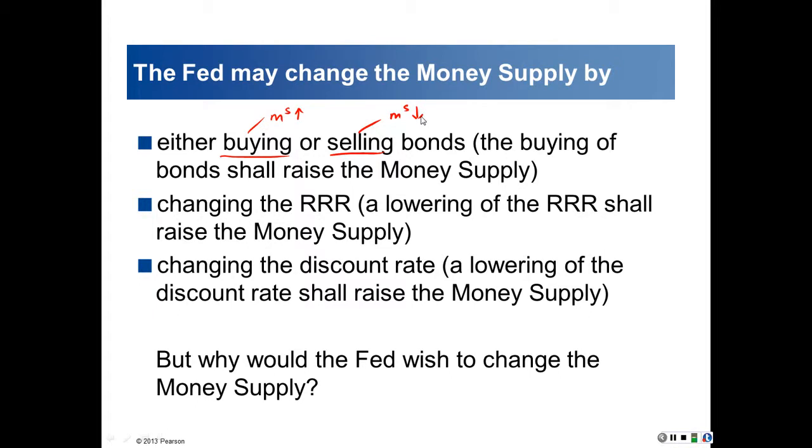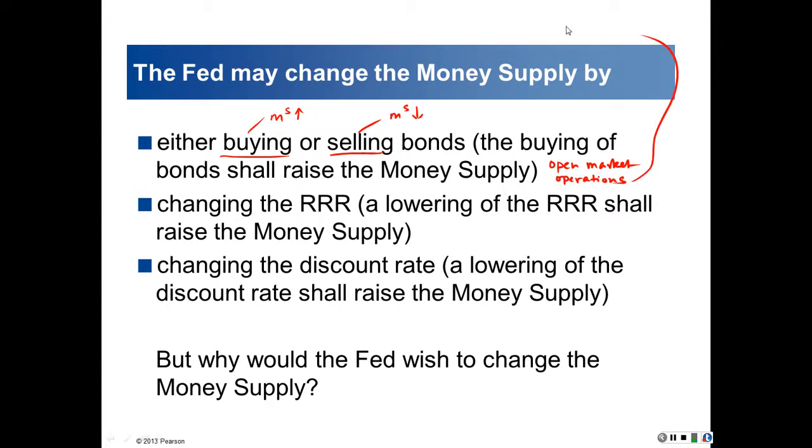Now, this buying and selling of bonds has a name, right? What is it called? When the Fed buys and sells bonds, it's called some type of operation of the Fed. Open market operations. Correct? Now, do you remember that in the structure of the Fed there is a committee?